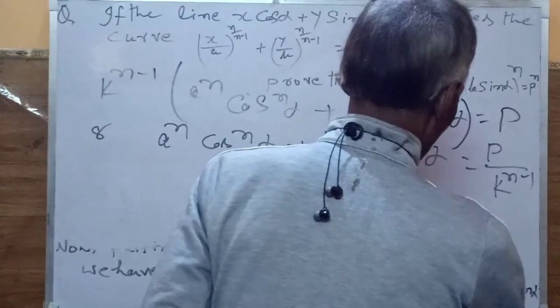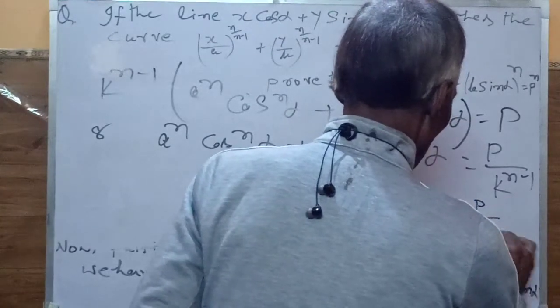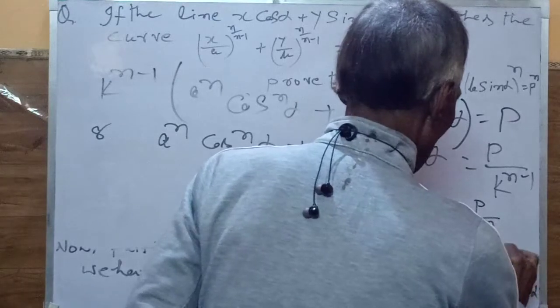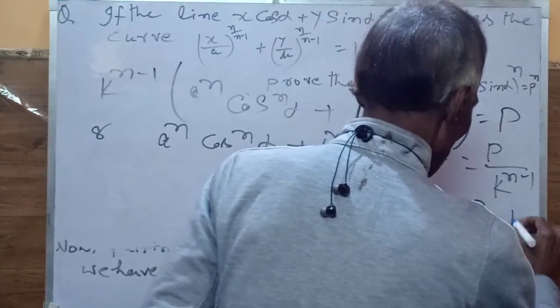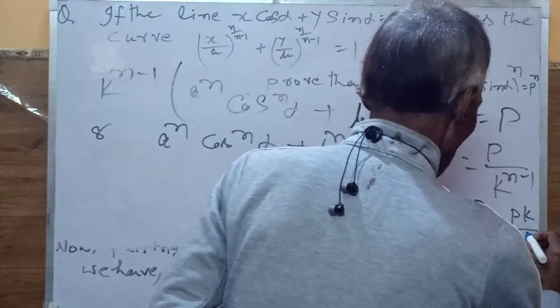This can be written as p by k^n by k, which is equal to pk by k^n.